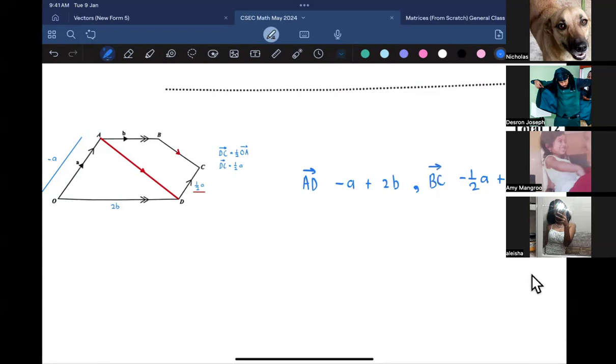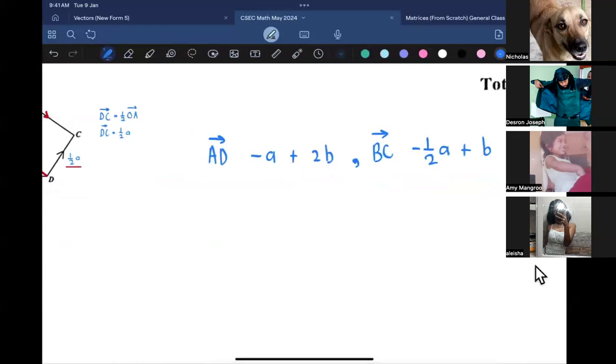That means I could write one of them in terms of the other one. So just by looking at it, we could end up saying that A to D is 2 times B to C.